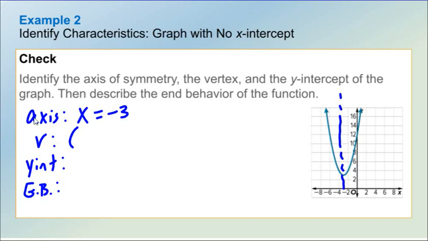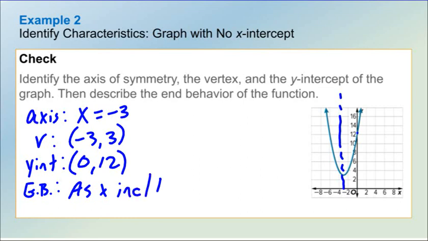The vertex is at -3, and it looks like it crosses the y-coordinate at 3. The y-intercept would be here, so it looks like 12, so 0, 12. The end behavior, as x increases and decreases, our y increases.